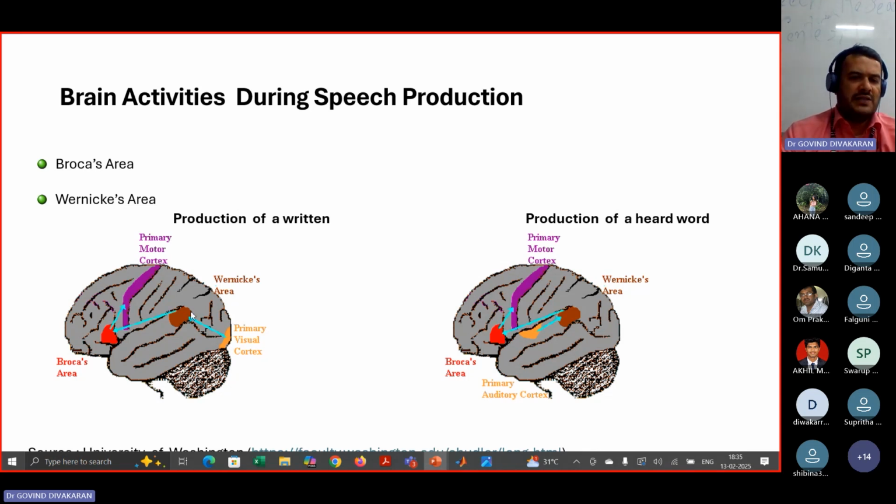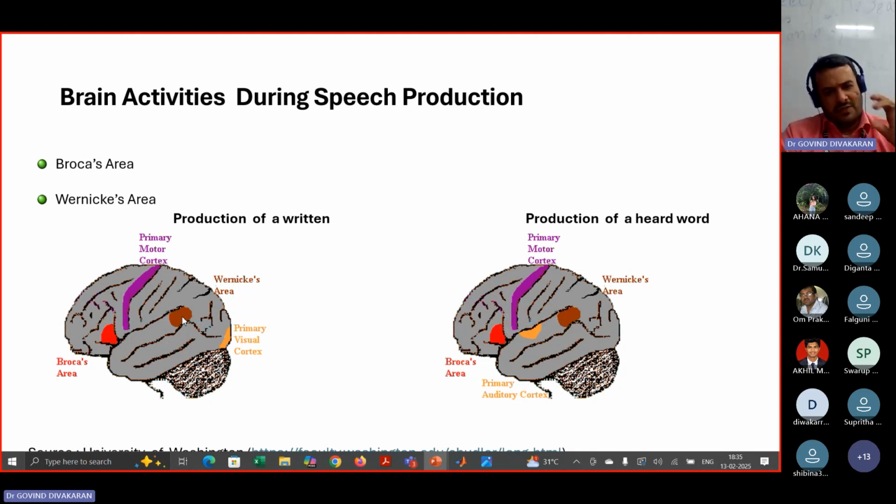Wernicke's area is responsible here. The role of Wernicke's area is to comprehend what you see. So the instruction is given to Wernicke's area. When I am seeing the letter A, Wernicke's area comprehends that the letter is A. That comprehension is made by this particular area.